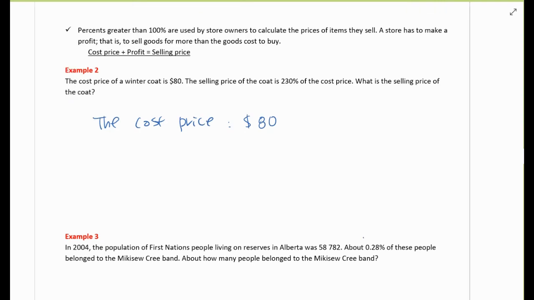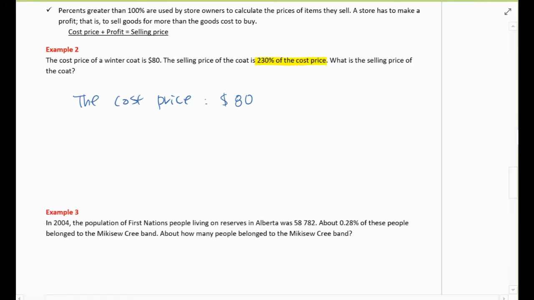You want to make some money, so you would leave some profit, right? Now look at this phrase. The selling price of the coat is 230% of the cost price. Highlight it, and write that down: 230% of the cost price. So this is the selling price.